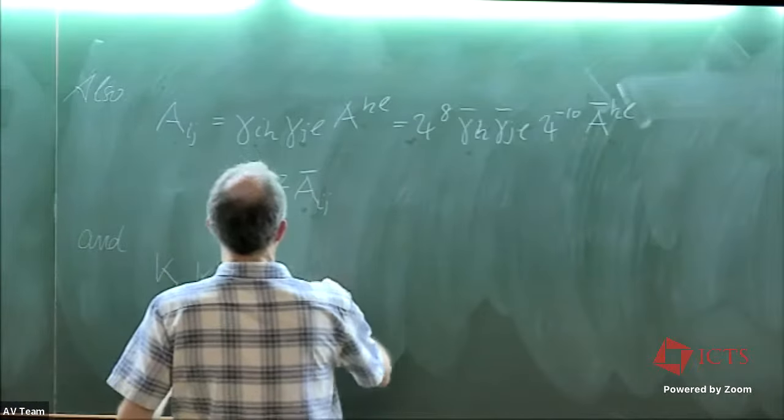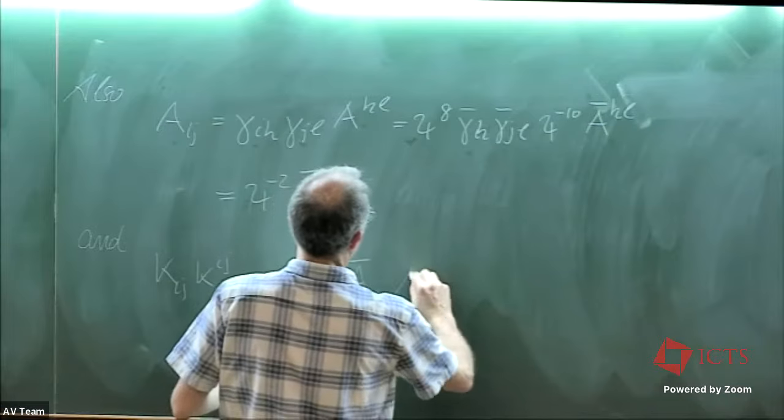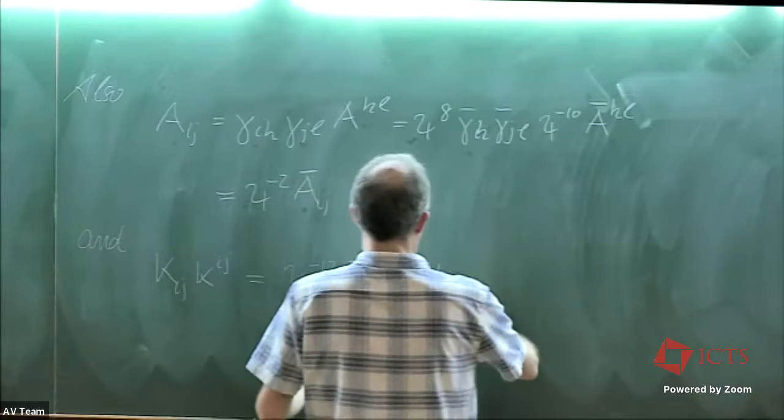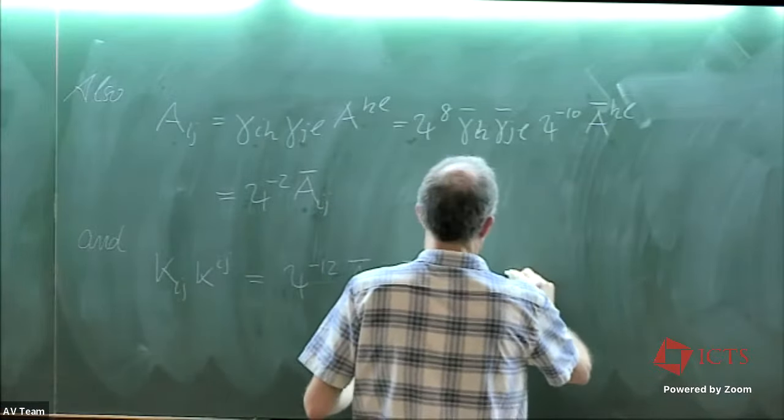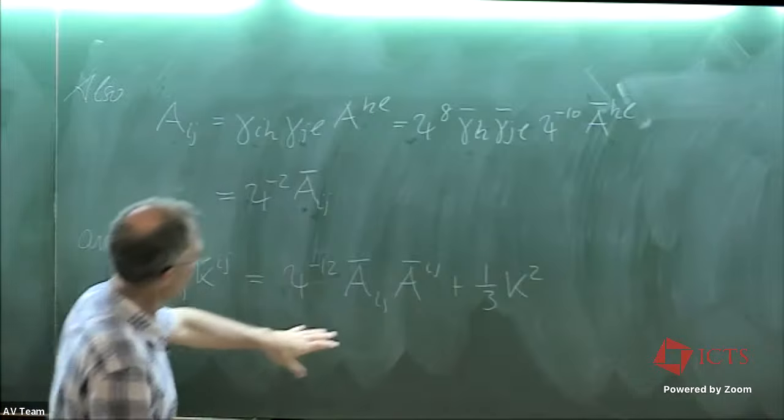You will get psi to the minus 12 times A-bar_ij A-bar^ij plus 1/3 K squared. Okay. Now you might worry, but wait, where did all the cross terms go? But the cross terms consist of contracting gamma^ij with A_ij, and that gives us what? 0, because A_ij is traceless. Okay, so those terms all go away. That's why this cleans up pretty nicely.